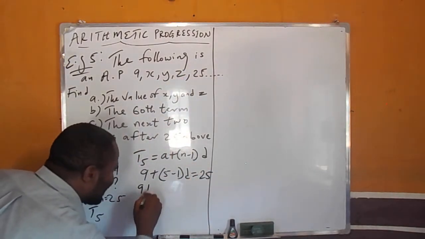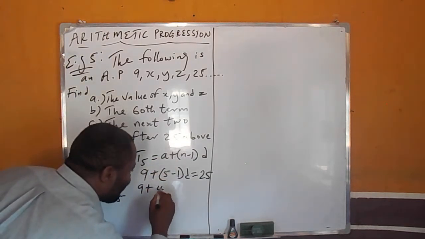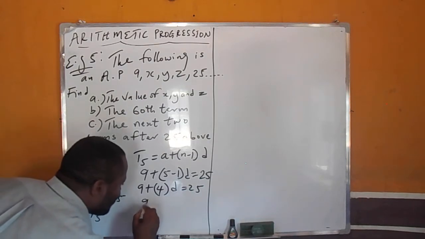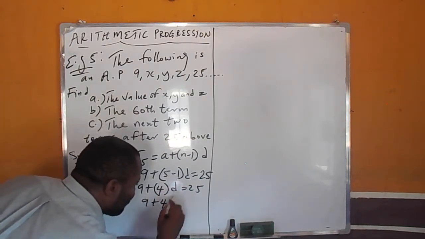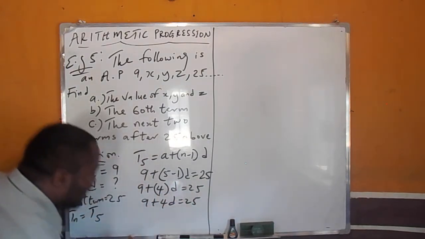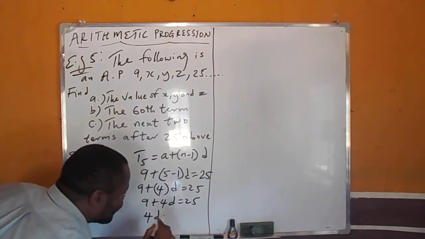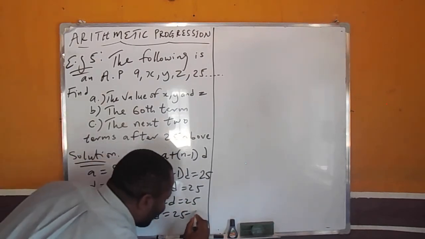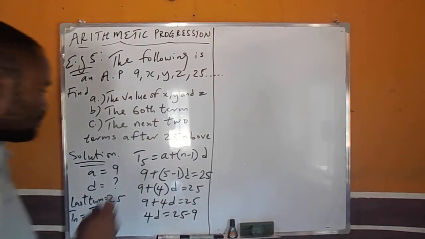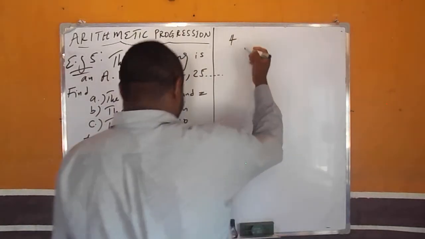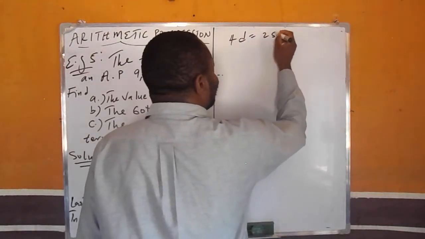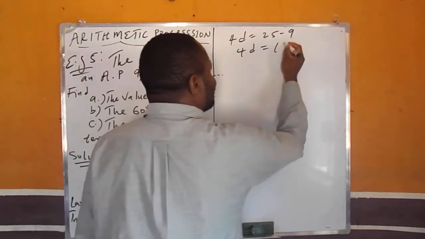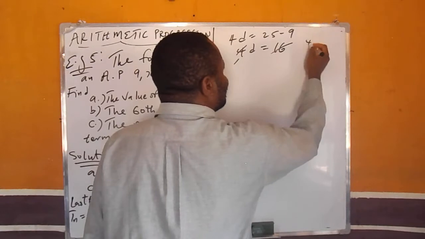Then you can say 9 plus 5 minus 1, in bracket 4, D equals 25. 9 plus 4D equals 25. Collecting like terms, you have 4D equals 25, and this 9 comes here as minus 9. So 4D equals 25 minus 9, which will give us 16. 4 in 16, 4.